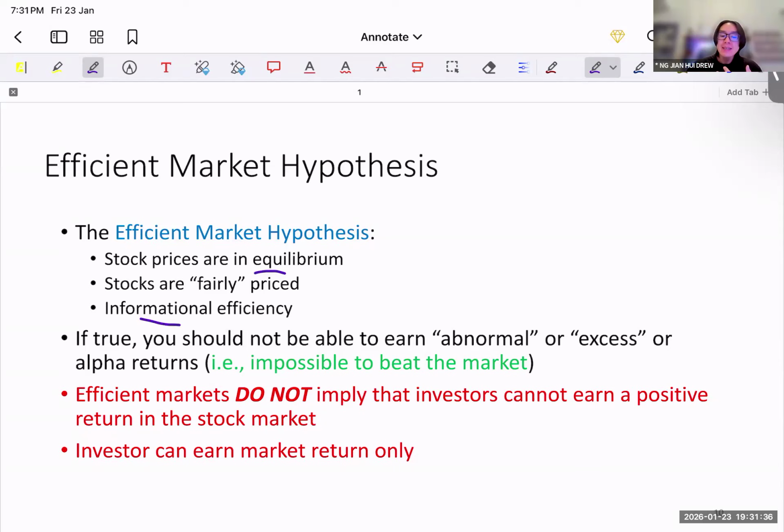It doesn't say that. It means that based on all the information available, you can earn returns on that particular stock based on the risk profile of the company, right? So if you take on a company with higher risk, chances are you're going to get higher returns. However, because they incorporate all the information that's available, you can only earn the market level of returns and not anything more than that.